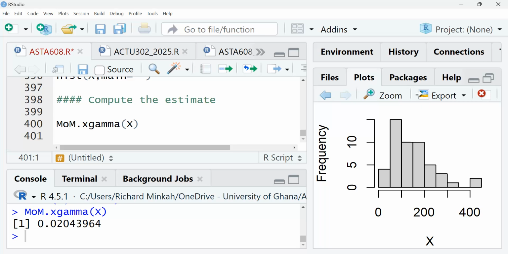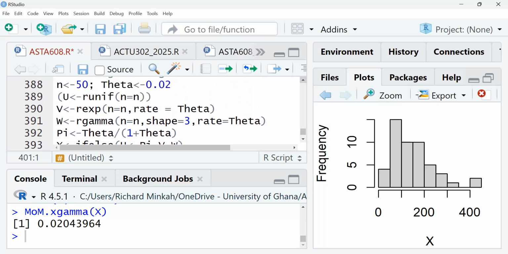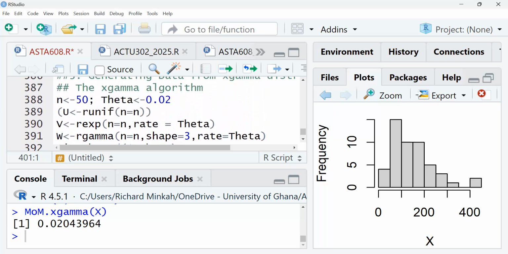Sorry, what are we comparing the 0.02 to? The parameter, theta. So the theta we use to generate the data is 0.02. That's what we are finding with the moment.